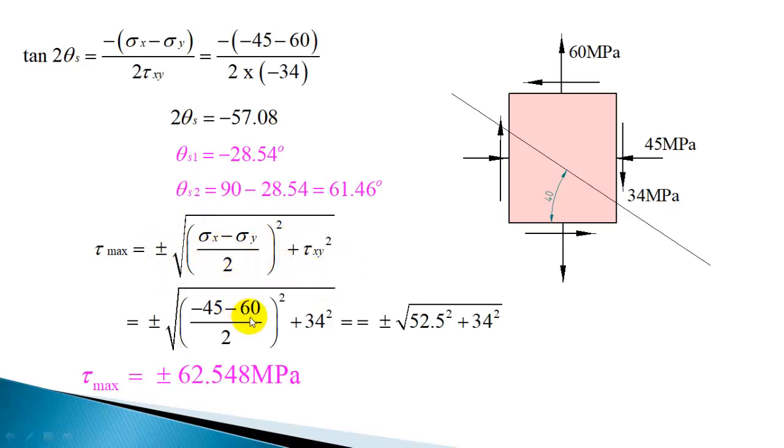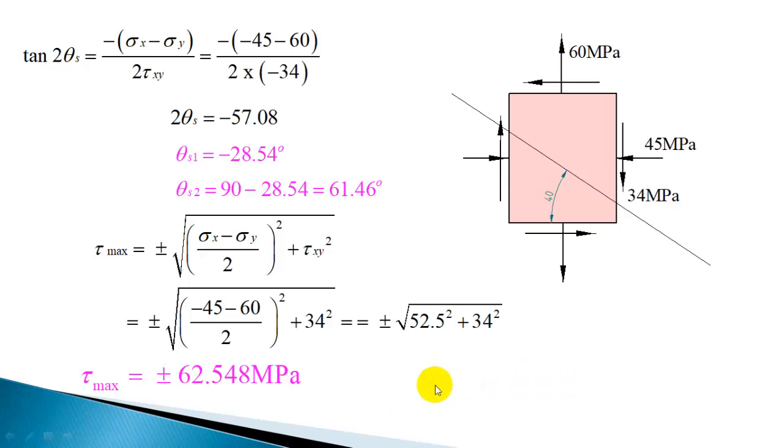And sigma x and sigma y you know, tau xy is also known. So substituting that, we will get tau max as plus or minus 62.548 megapascal. So on both the planes of maximum shear stress, you are getting the same value of maximum shear stress as 62.548 megapascal.